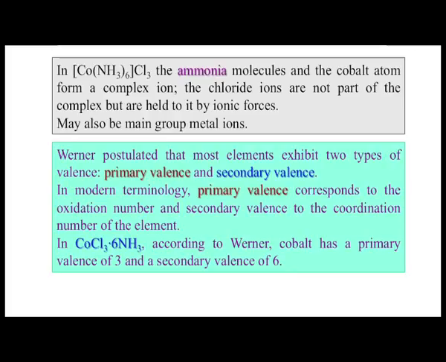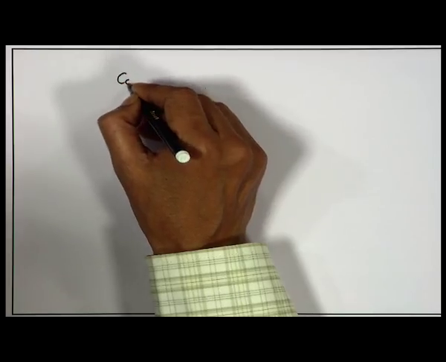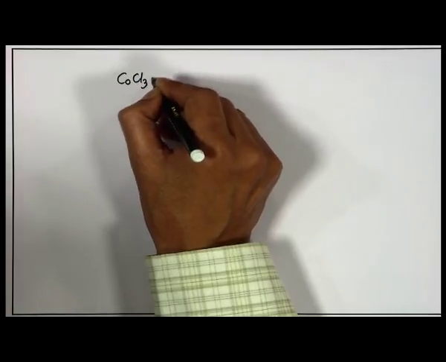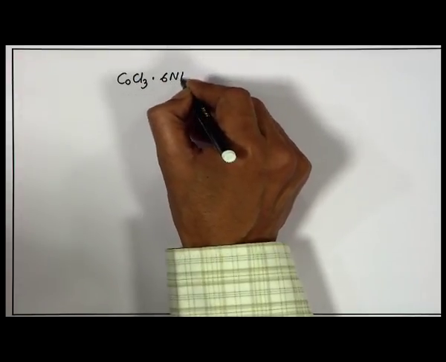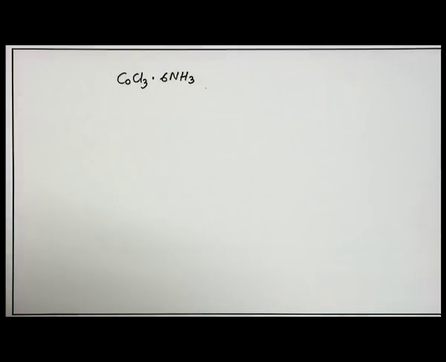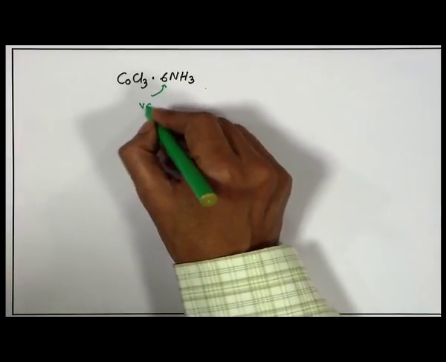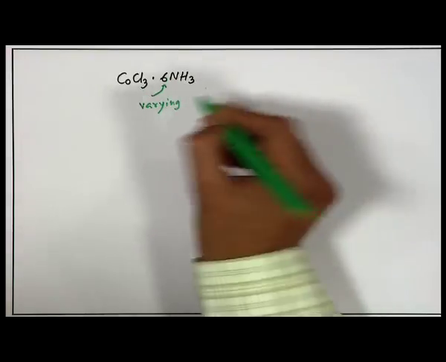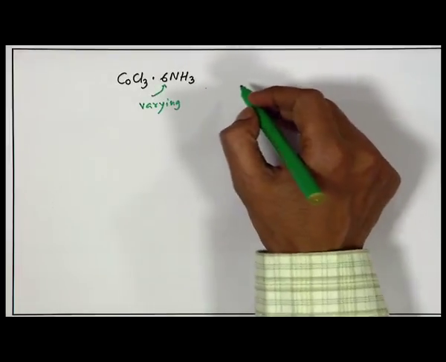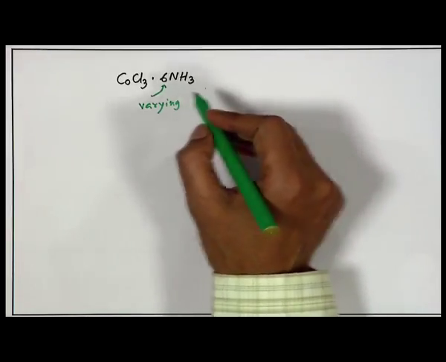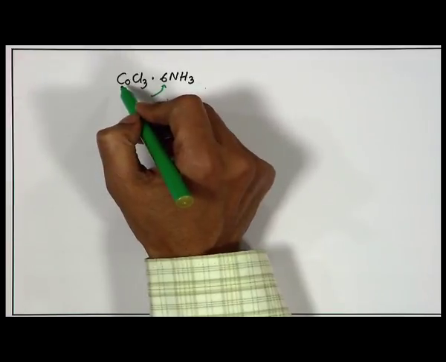If we know the primary valence, that means the primary valence which was originally there for the cobalt salt, which was the corresponding cobalt chloride, we have the formula of the compound as CoCl3·6NH3, and sometimes we also find that the number 6 is varying depending upon the number of ammonia molecules surrounding the central metal ion center.